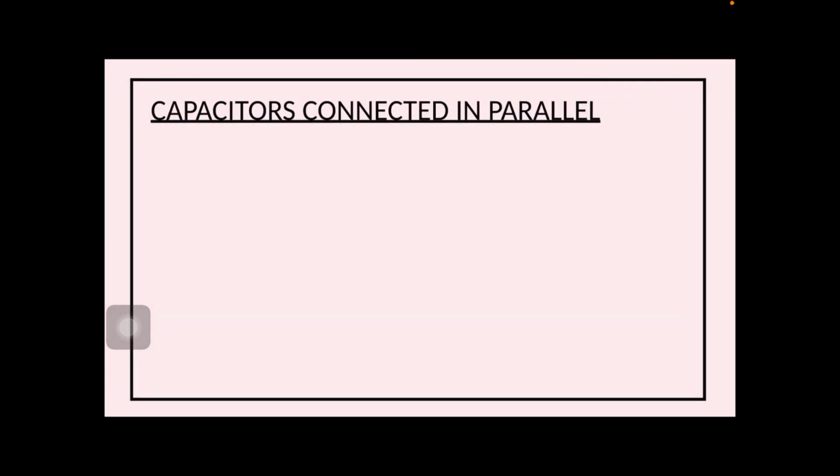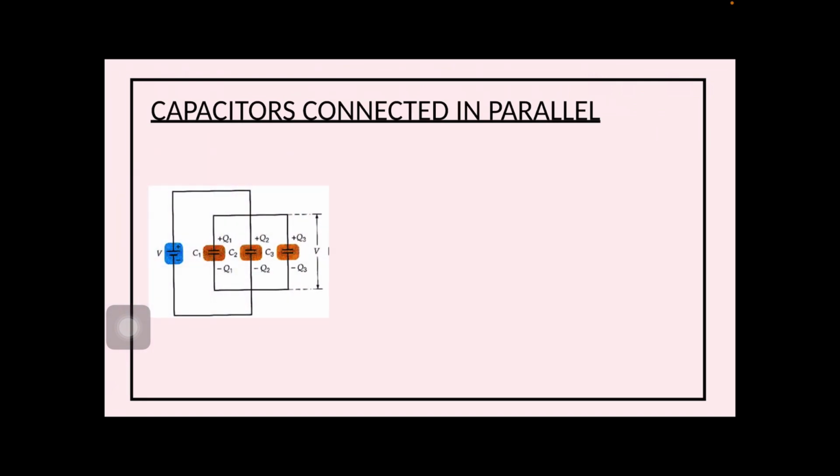Okay guys, now we look at capacitors connected in parallel. For this parallel combination, the charge for C1 is not equal to the charge for C2 and C3. Why? Let's say the charge supplied by the voltage source is 50 coulomb.